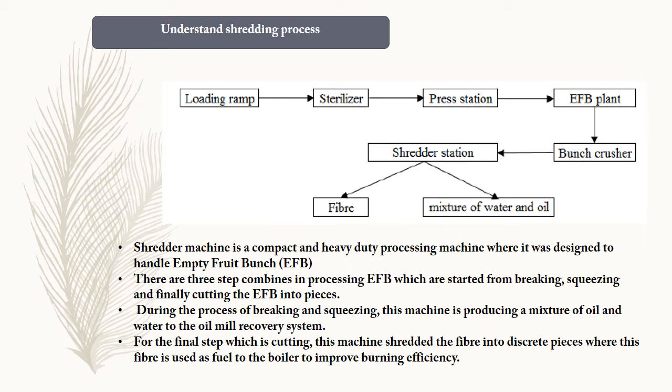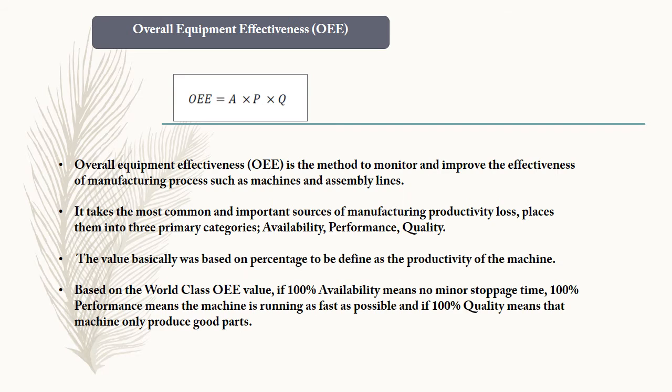So we can summarize that from the shredder's overall equipment effectiveness, or OEE, is equal to availability times performance times quality. OEE is the method to monitor and improve the effectiveness of manufacturing processes such as machines and assembly lines. It takes the most common and important sources of manufacturing productivity loss and places them into three primary categories, which are availability, performance, and quality.